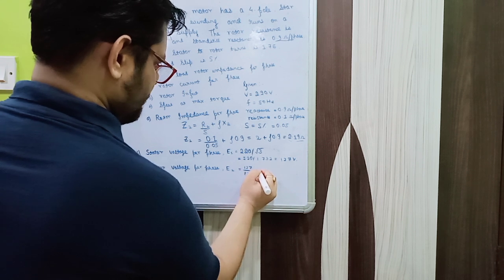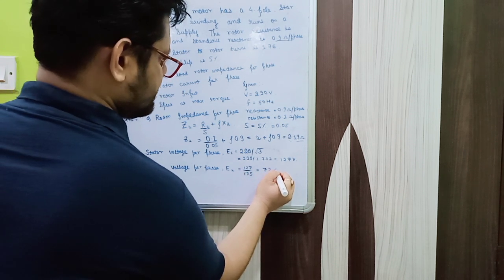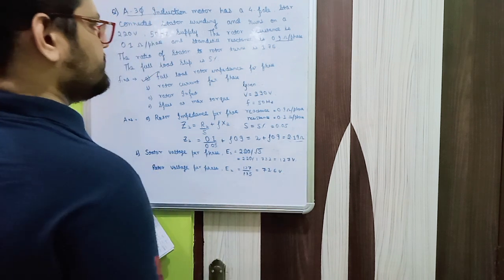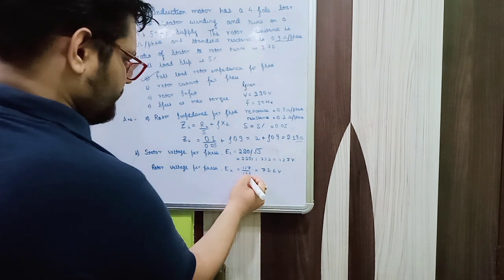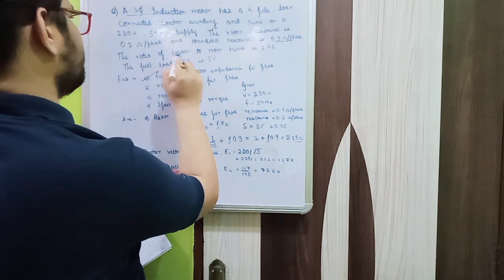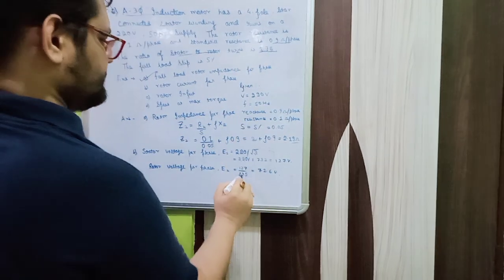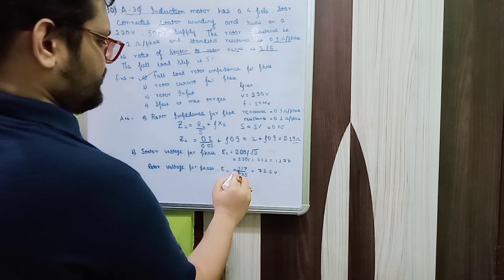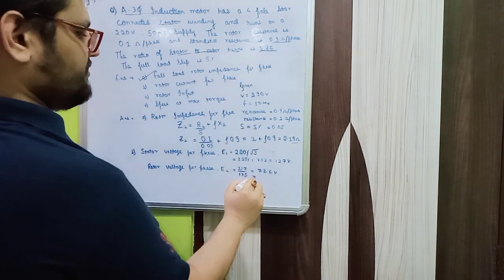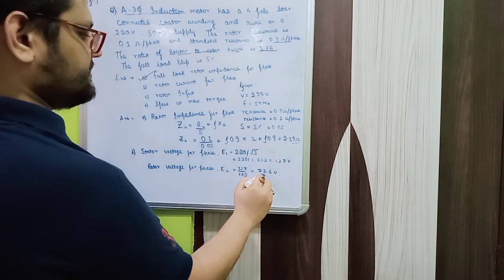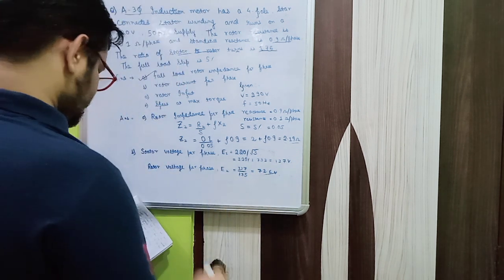If we calculate this, we get 72.6 volt. I hope you have understood how we got the value 1.75. It is because the ratio of stator to rotor turns is 1.75, so we divided E1 by 1.75 to get 72.6 volt. This is the answer.